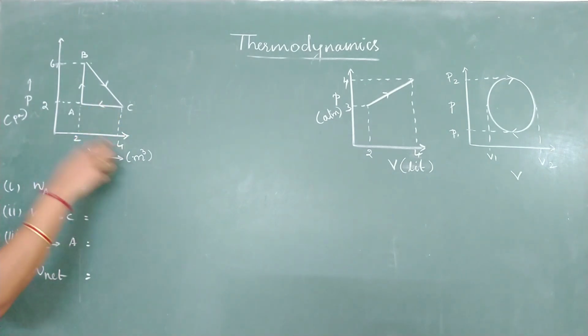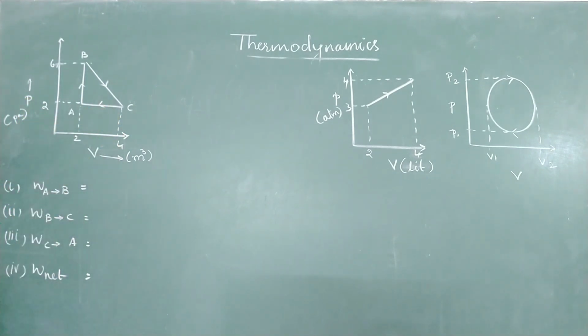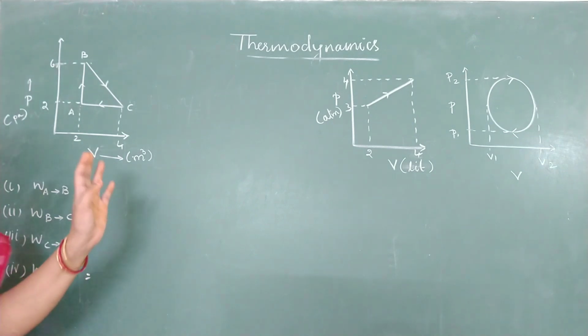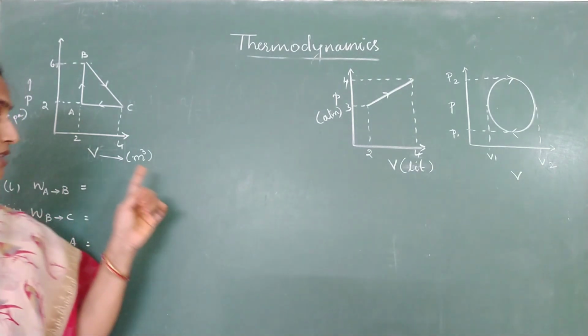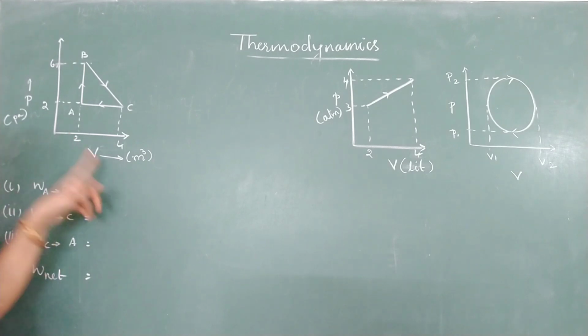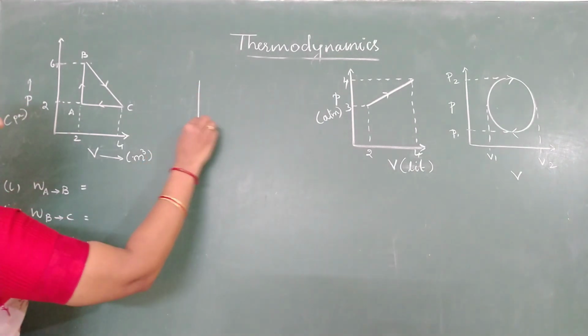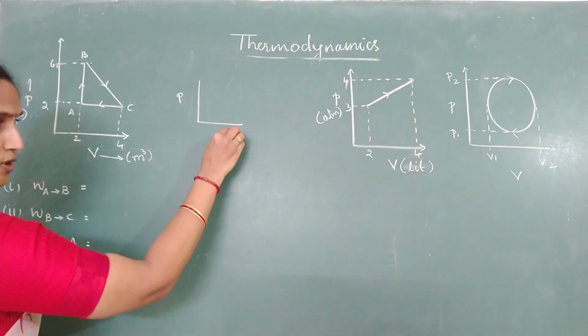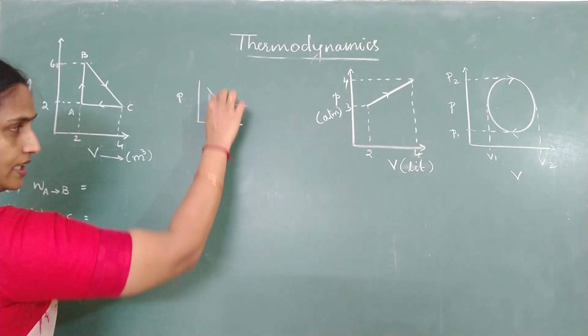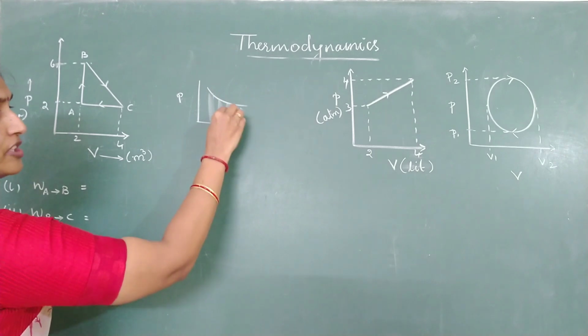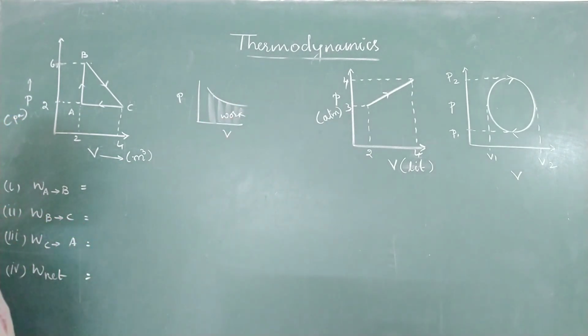Now for this question, all the data is given. The first thing that you have to check when you are calculating work done from a pressure volume graph is whether volume is on the x-axis and pressure on the y-axis or not. If pressure is on the y-axis and volume on the x-axis, then the area enclosed gives me the amount of work.